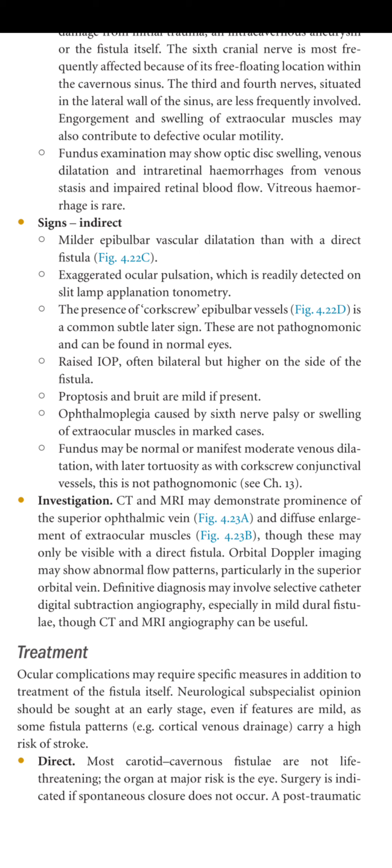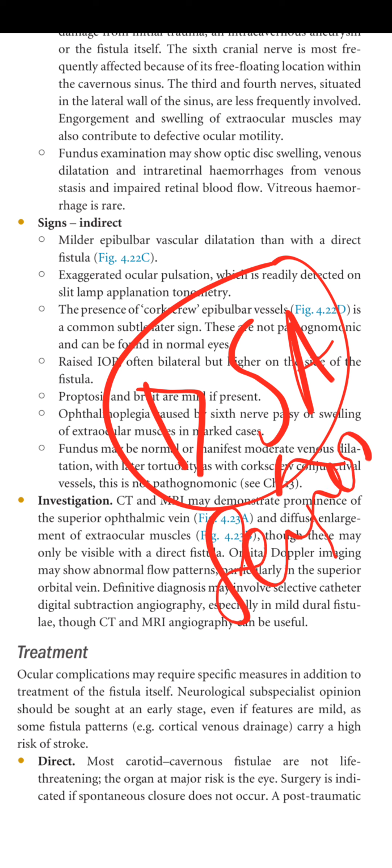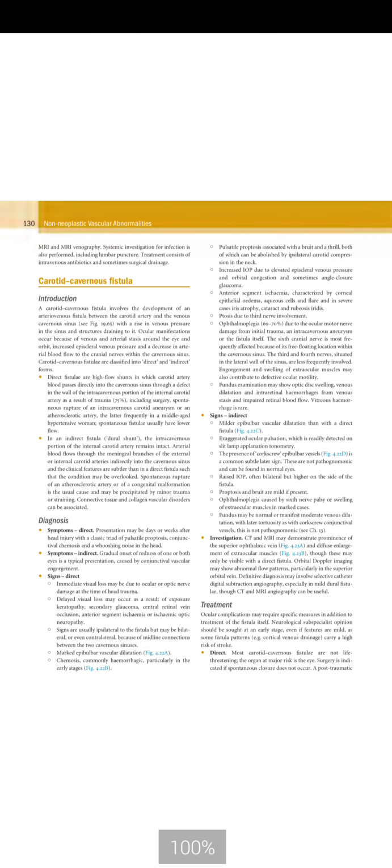So there is a procedure, digital subtraction angiography, in which the catheter is passed through the femoral vein and then to the eye. These are now less commonly performed. Now we do CT and MRI basically to detect the superior ophthalmic vein.